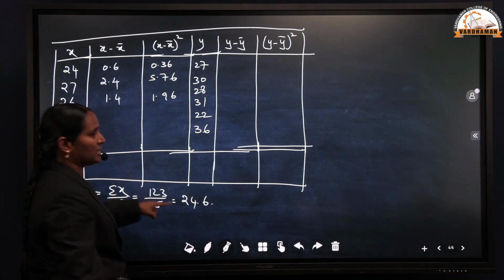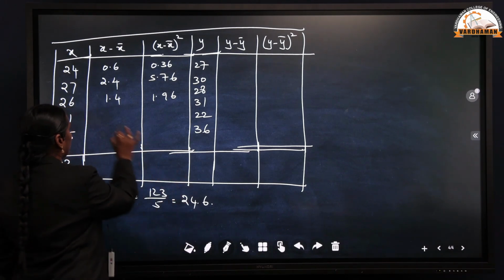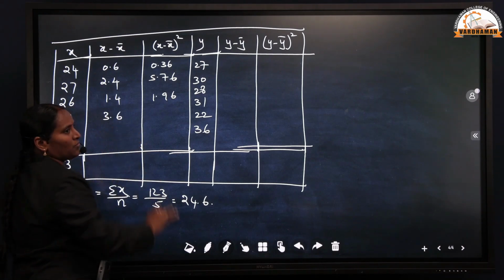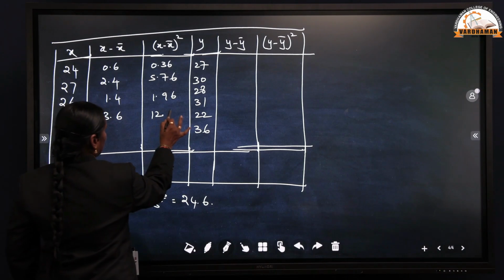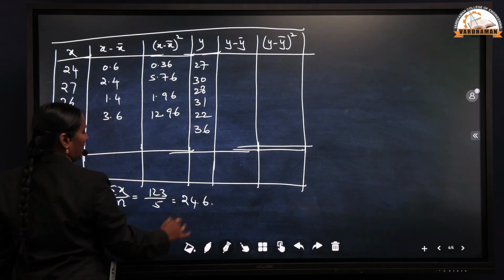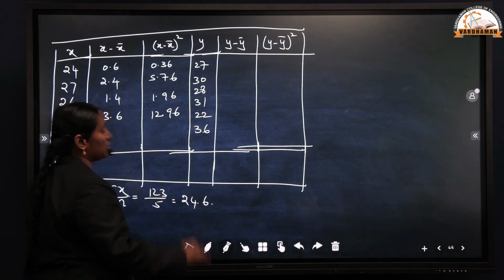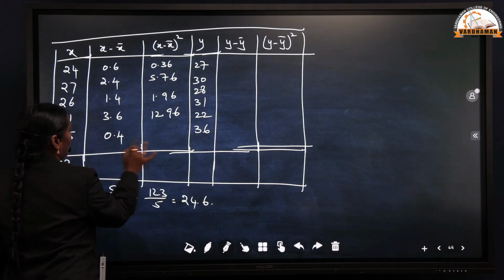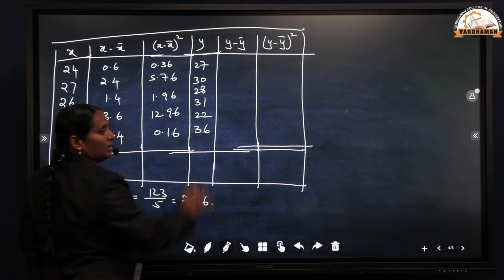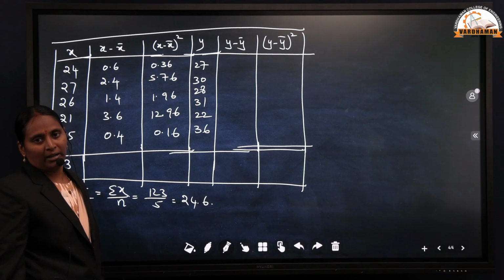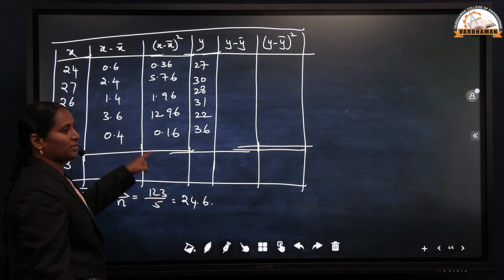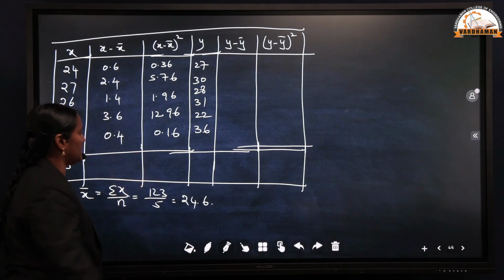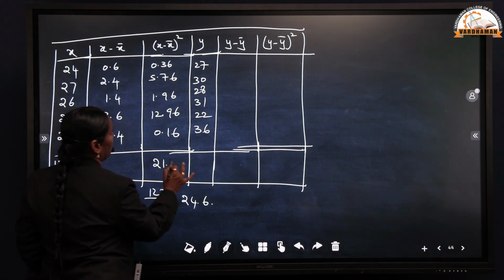Now 21 minus 24.6 is 3.6, and 3.6 whole square is 12.96. Now 25 minus 24.6 is 0.4, and its square is 0.16. Now we find the summation of xi minus x bar whole square, and the value is 21.2.